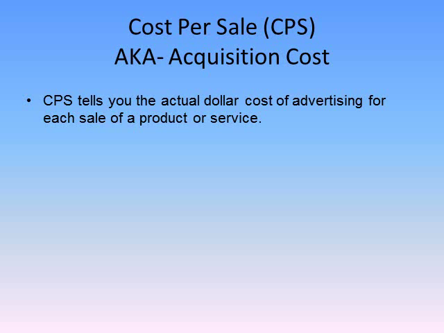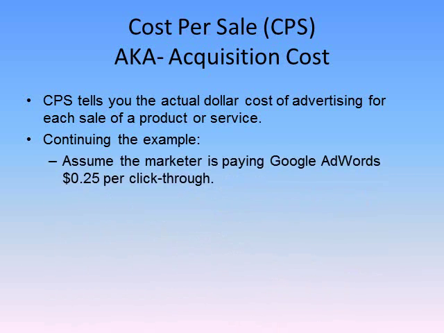Not just what the ad cost, not just what you pay Google or what you pay Baidu, but what did each sale cost when you take your sales and compare them to your advertising expenditures.